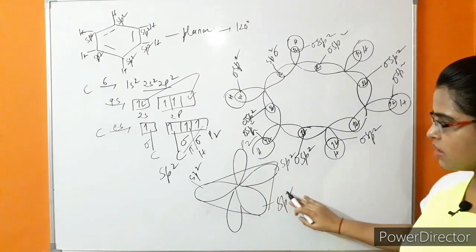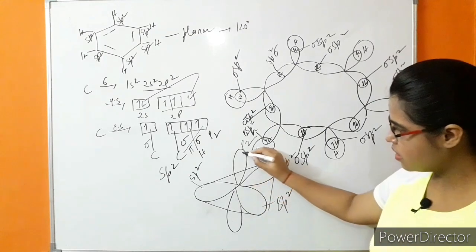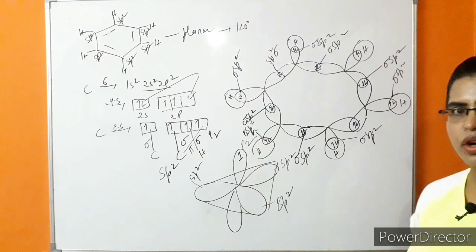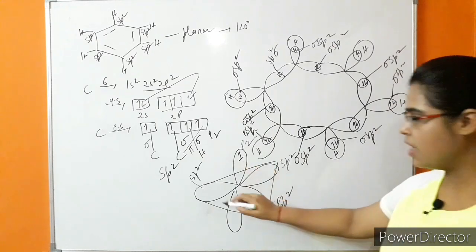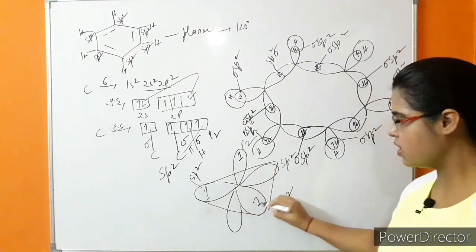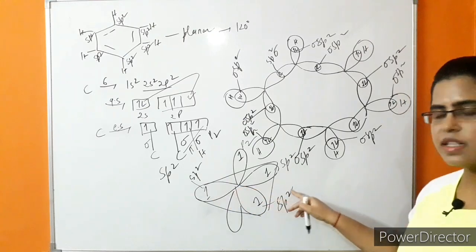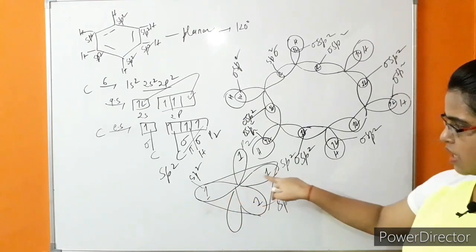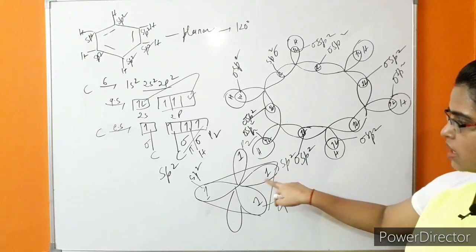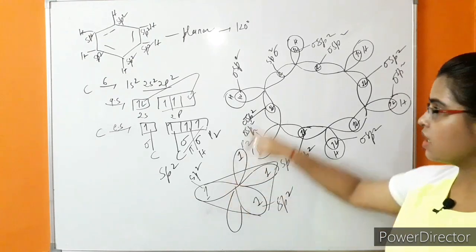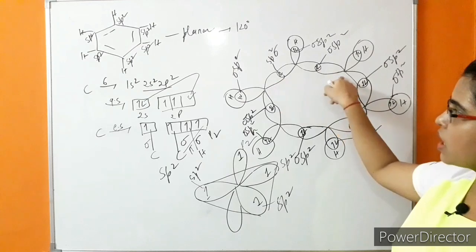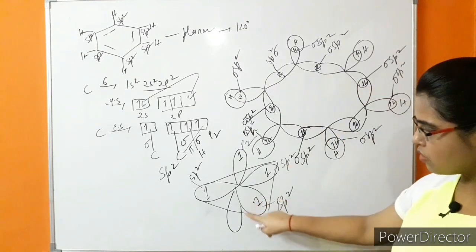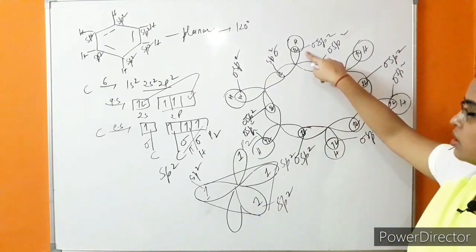So what is happening in this case? In this case, there is 1 electron present in the pz orbital, and 1 electron is present in each hybridized sp2 orbital. So what is happening? These hybridized sp2 orbitals form sigma bonds with the next 2 carbons, and 1 sigma bond is formed with the hydrogen.